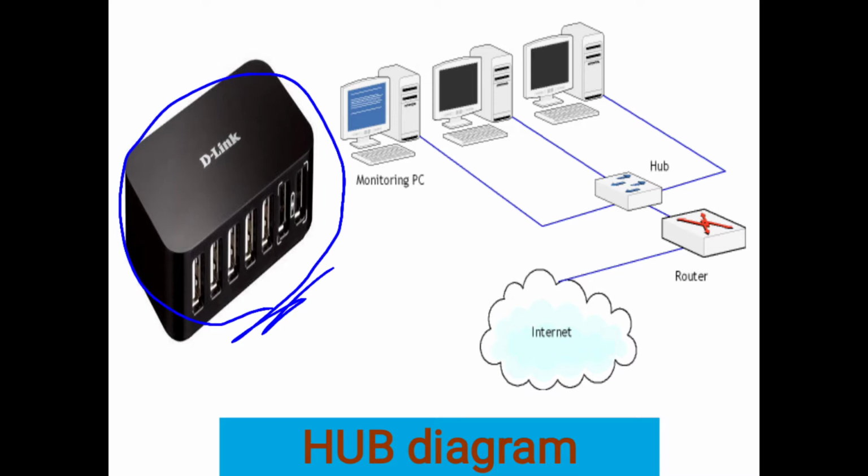This is your hub which is installed here. This hub is a device which is needed for connecting each of the computers. You have computer 1, computer 2, computer 3. You can keep on extending the number of computers as you require, but for each computer there is an Ethernet cable wire at the back of the CPU.